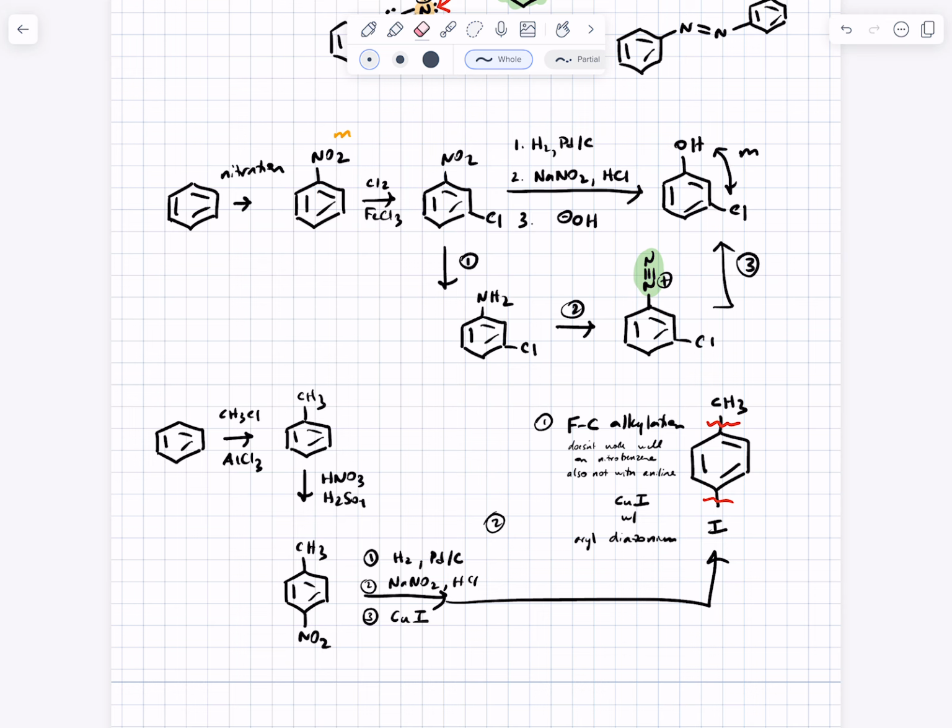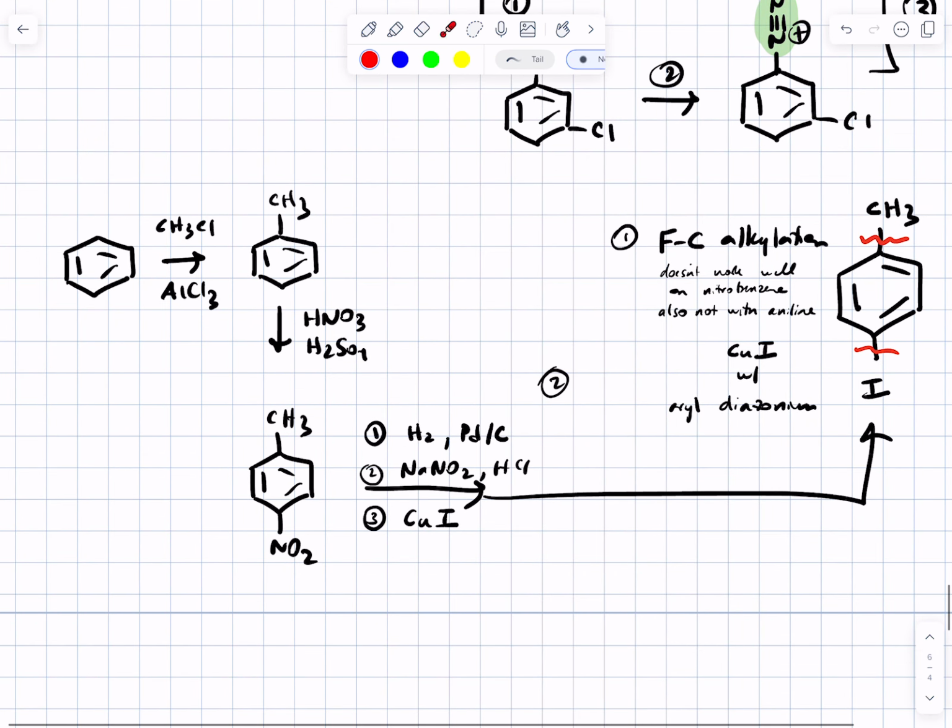The running time can be anywhere from 10 minutes to days. I'm not sure on this. I'm going to just say, let's say a couple of hours. We're just guessing at this point. Then you have to isolate and purify your compound. At each stage where we have the possibility for ortho versus para, that's a purification isolation stage. If this reaction isn't 100%, then you have to isolate benzene from this.